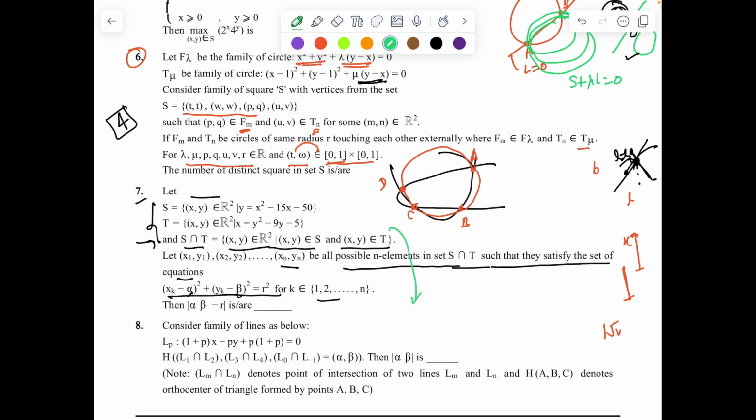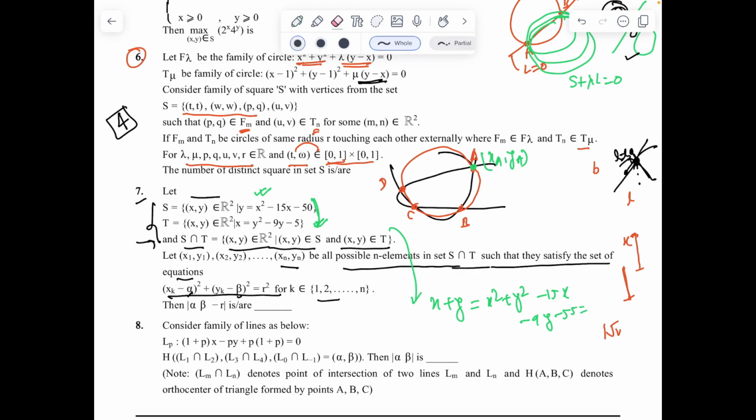Now very surprisingly, this problem can be solved in one line, because if I just add these two equations, let's say I consider point A, it's going to satisfy set S. It is also satisfying set T, because the coordinates of A, xa comma ya, will lie on both of these curves. So if I add these equations, I simply get x plus y equals x square plus y square minus 15x minus 9y minus 55.